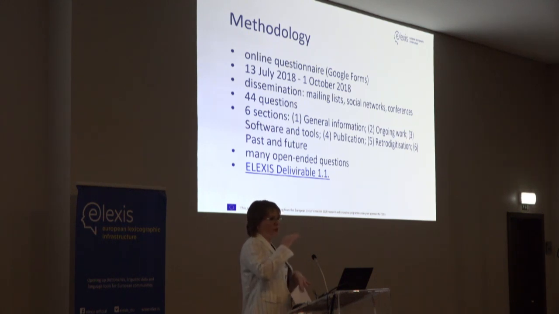And the whole questionnaire for lexicographers consisted of 44 questions. And all those 44 questions were divided into 6 parts. General information, ongoing work, what kind of projects do lexicographers have, software and tools, how do they compile, publication, what kind of publication medium do they use at the moment, retrodigitation, and past and the future.